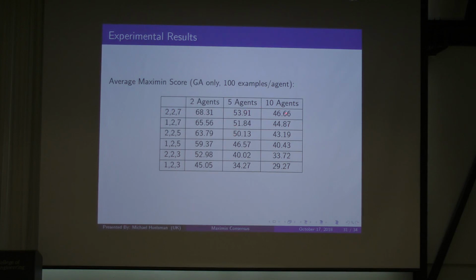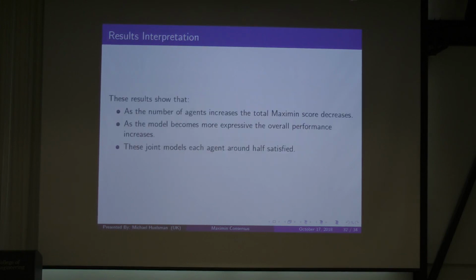And as we get more and more agents, we get worse and worse, which are the trends that we would expect. We're relatively convinced that these are somewhat close to optimal, considering our previous experiments. And I guess the real key thing is that each agent gets around half satisfied with our approximation. That means half their examples are properly represented in our learned preference representation.